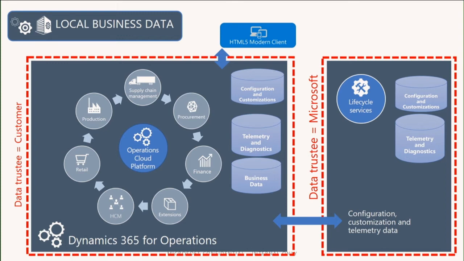What's different about local business data from the previous versions of Dynamics AX is that it is fully supported and maintained through Lifecycle Services. So you will have an on-premises install of the AX application where all the business data remains on-premises. There's nothing that leaves the customer's boundary.